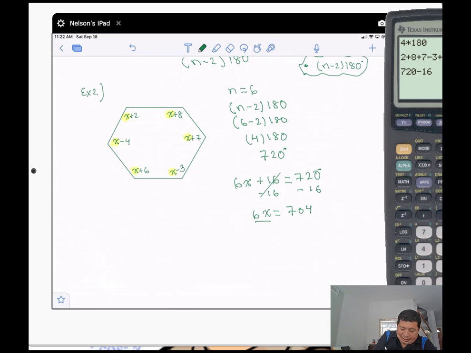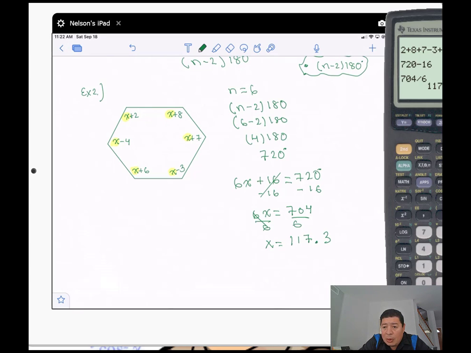What we need to do next is divide both sides by 6. That is the division property of equality. And then we need to divide 704 by 6, and that's going to make 117.3.